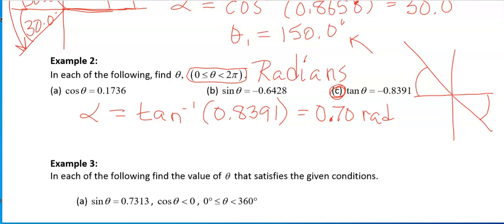Anyway, I come over to my diagram. Here, look. There's one reference angle, 0.70 radians, and the other one is down here, 0.70 radians as well. So one of my solutions, one of my thetas, will look like this.